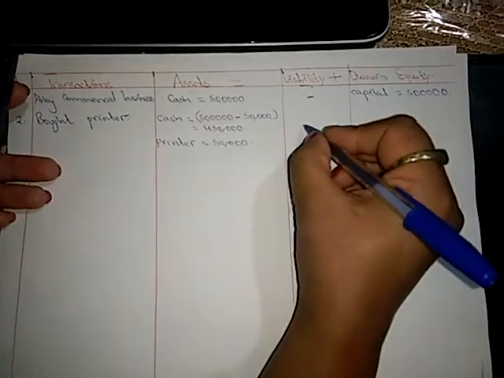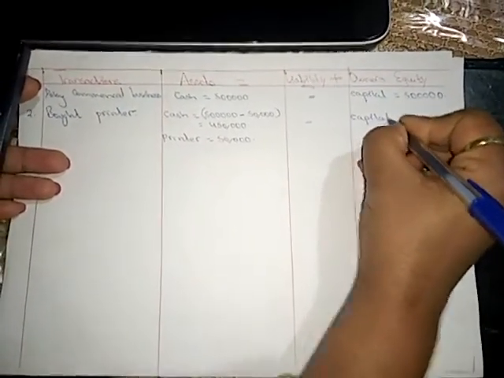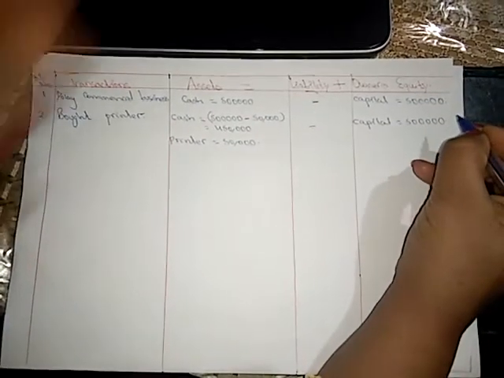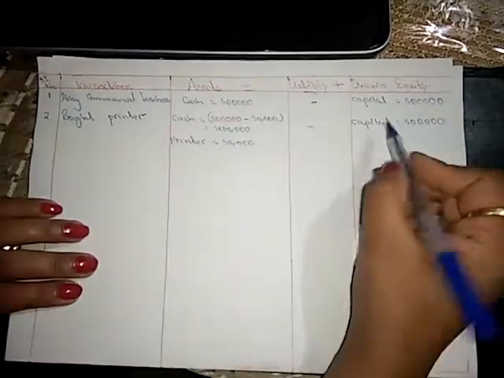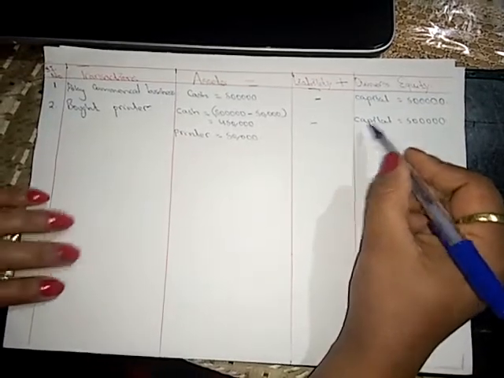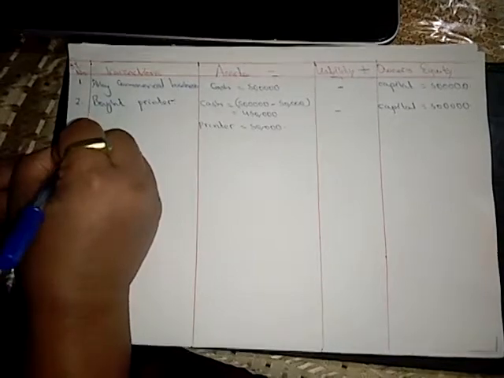We don't have liability, capital will be again 5 lakhs. As I told you, asset is always equal to liability plus owner's equity. I hope you understood. Now we'll move to transaction number 3.